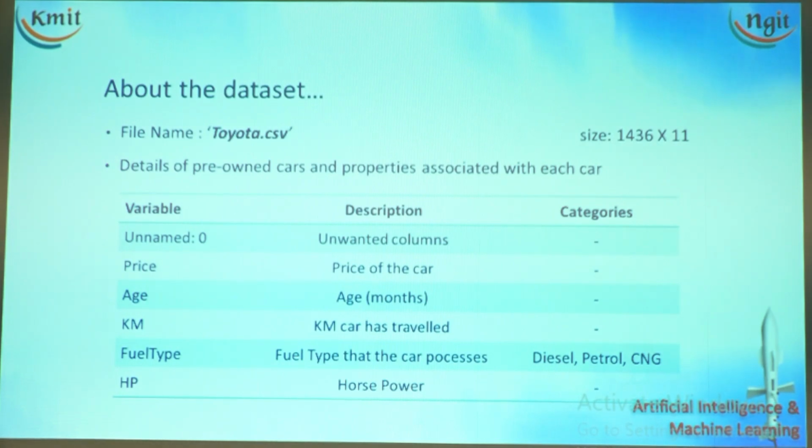There is something unnamed, I don't know what it is, and there is price, probably the price of the car. If there's something unnamed, I don't want that column. I don't know what it is or what to work with it. So this is something I don't want. I would like to discard it. That's the first thing that comes to my mind.